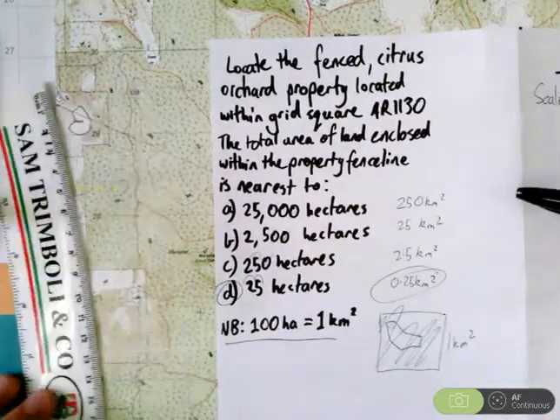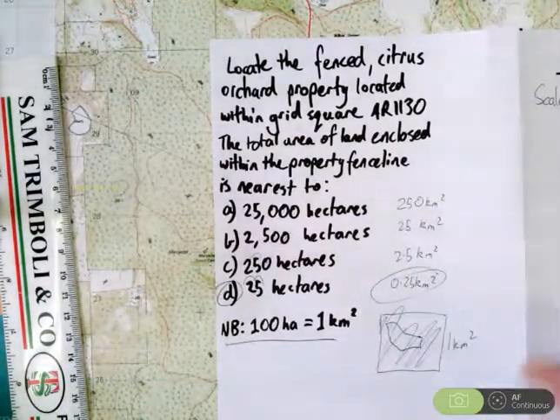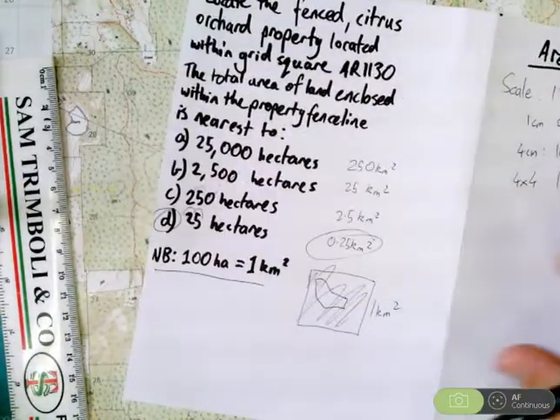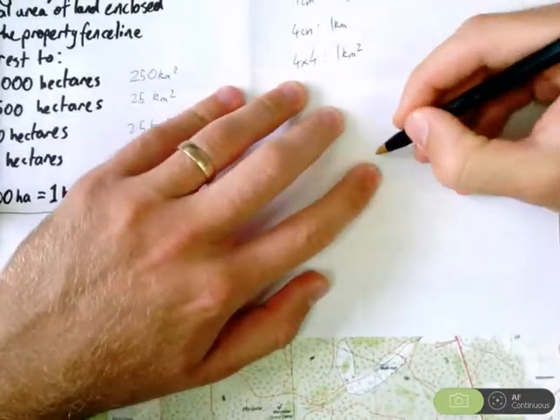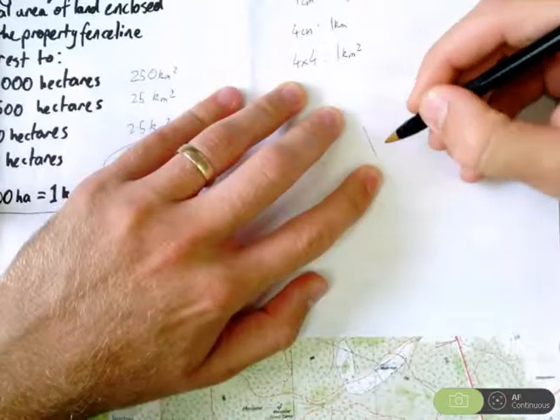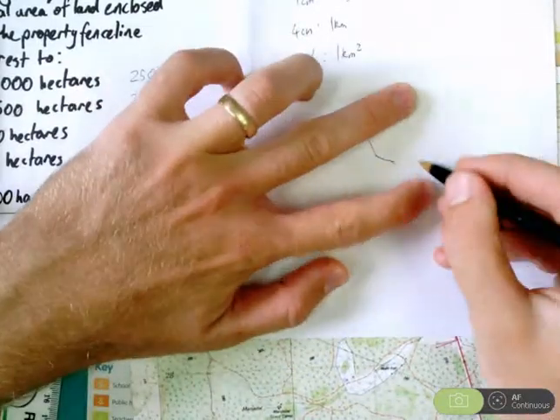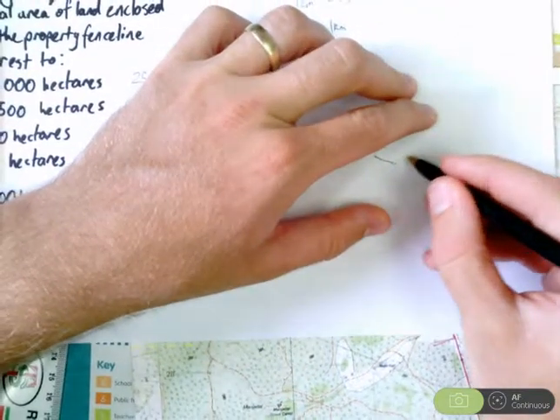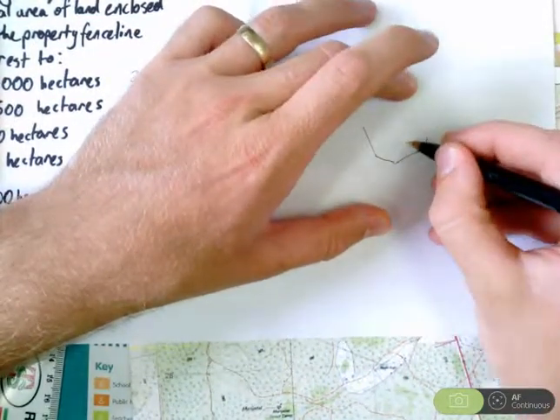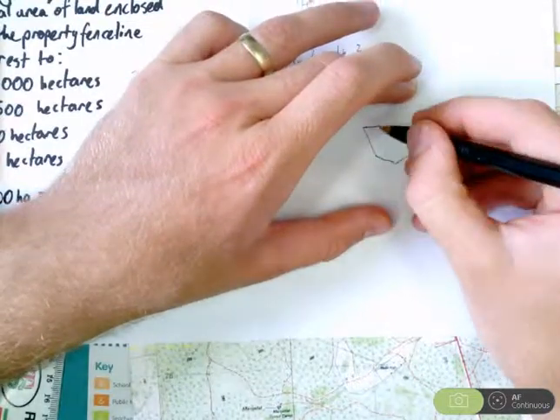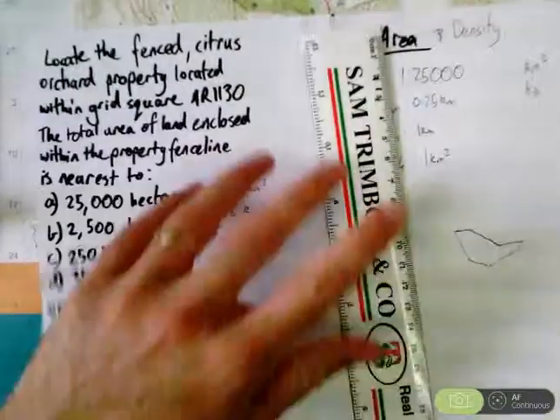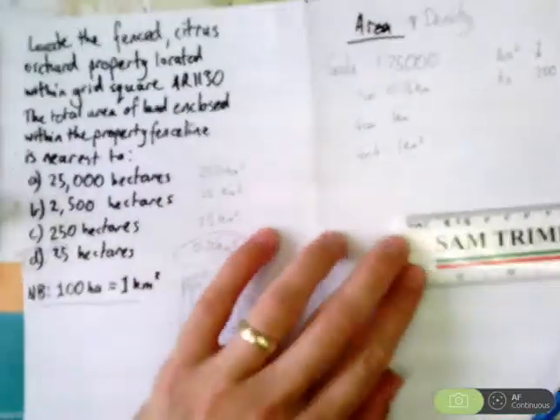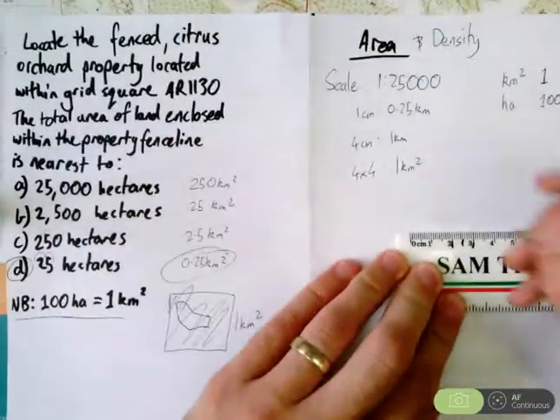So at this stage, this is the base knowledge that you need to be able to understand area. But for the sake of it, let's see if we can figure out roughly what the area is. I'm just going to trace it onto here. Okay, roughly that's what the area looks like. Now we can put a grid pattern over this.